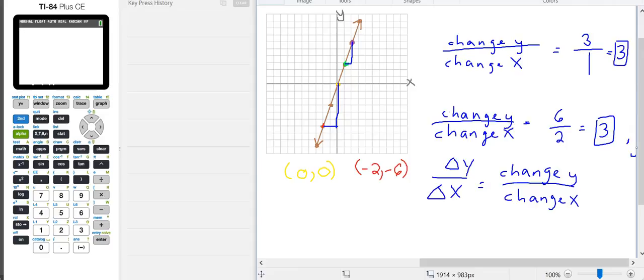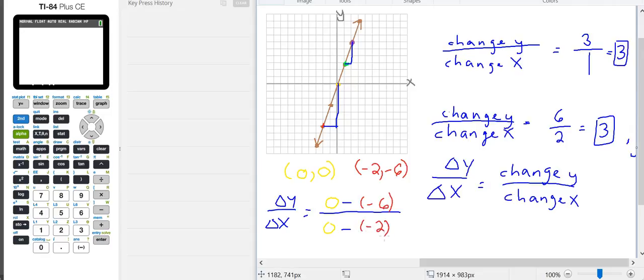So first we're going to look at our change in y values. So we're looking at delta y over delta x. Let's take our first y value, which is 0, and subtract from it our second y value, which is -6. That's going to give us our change in y values. Then we're going to take our first x value, which is 0, and subtract from it our other x value, which is -2.